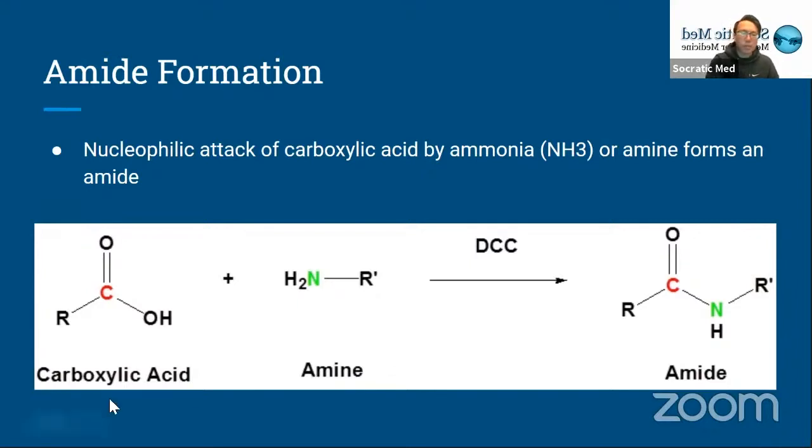As you see on the bottom, the carboxylic acid, when reacted with an ammonia molecule or an amine, is able to form this structure on the right called an amide. So this is how to form an amide via a carboxylic acid, and this is through nucleophilic acyl substitution.